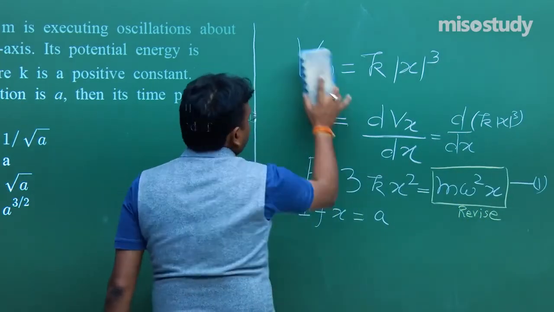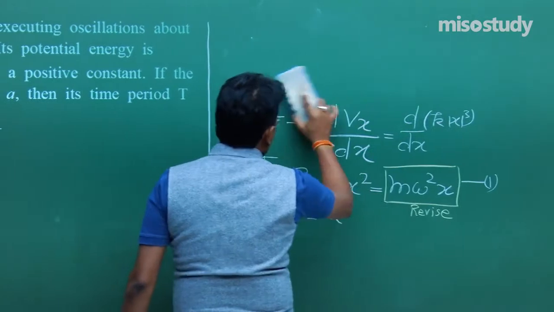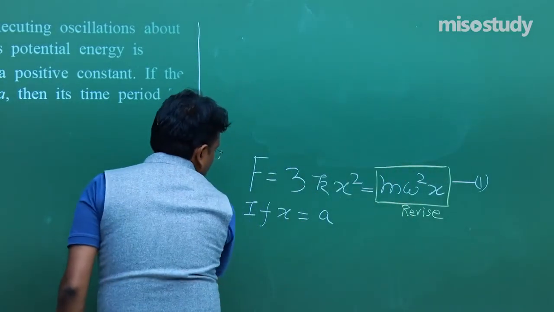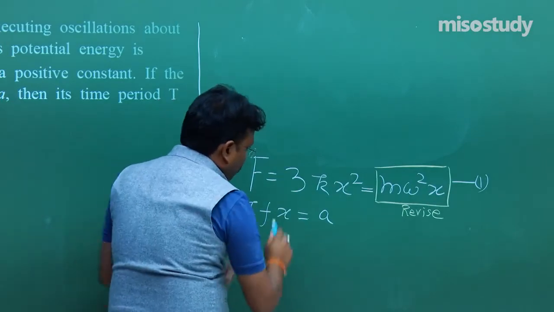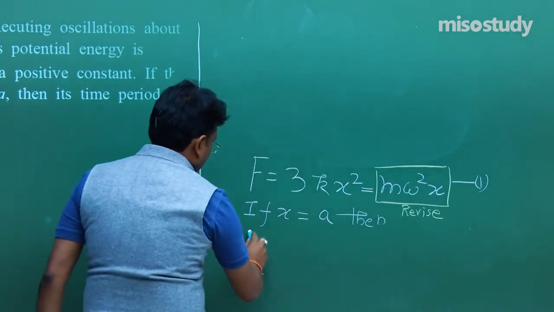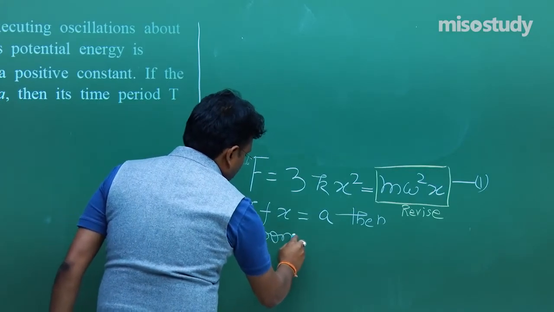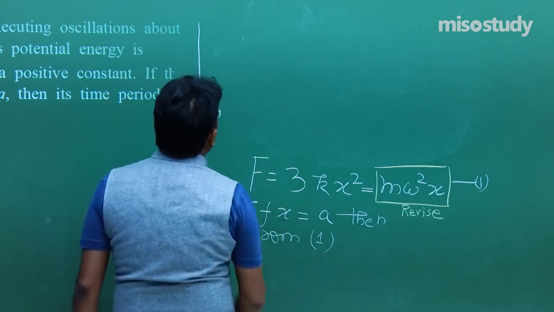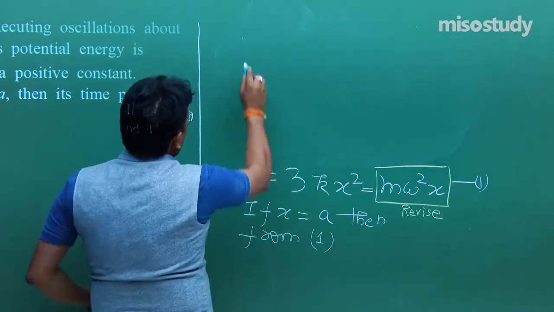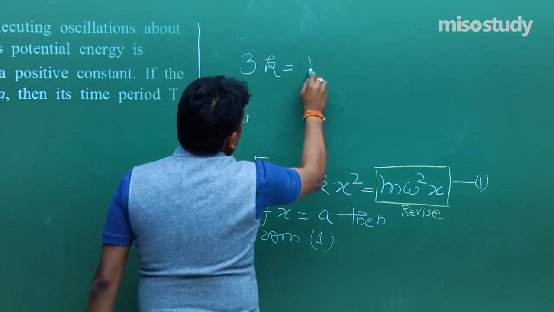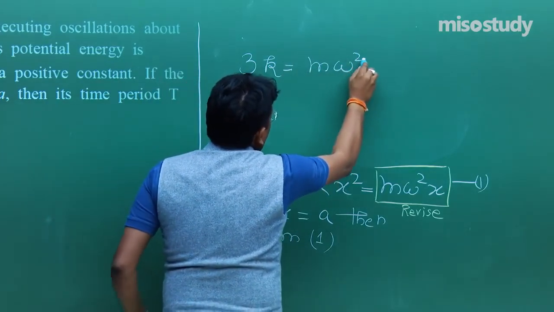And then let me write down, if x is equal to a, then from 1, what I will get? From 1, 3k is equal to m omega square.